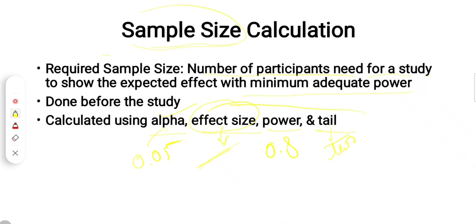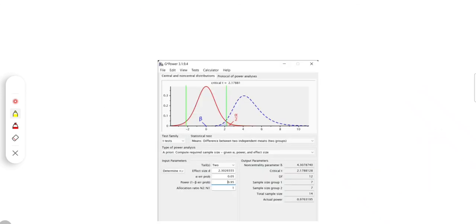So we put all these values in a software called G power, okay, and then it gives the required sample size. For example, here I've taken this screenshot. Here you can see tails, okay, and this is the effect size from a particular paper, it's very high, 2.3.